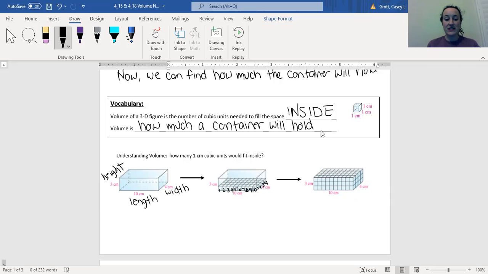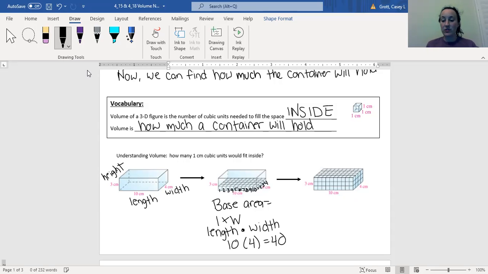So what we just did here was we found the base area. We did length times width, length multiplied by width. Length was 10, width was 4.